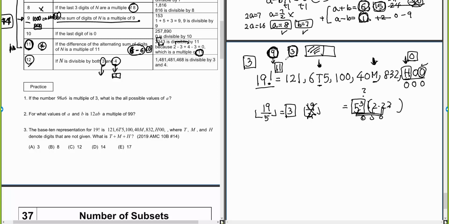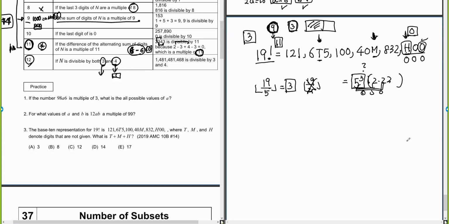Okay. Now let's find digit 9 first. Sum of all this, how much? 1, 2, 1, 6 plus, I'm going to use t, plus 5 plus 1 plus 0 nothing, another 4 plus m plus 8 plus 3 plus 2, and the last is 0. How much is this one? Can you find out?